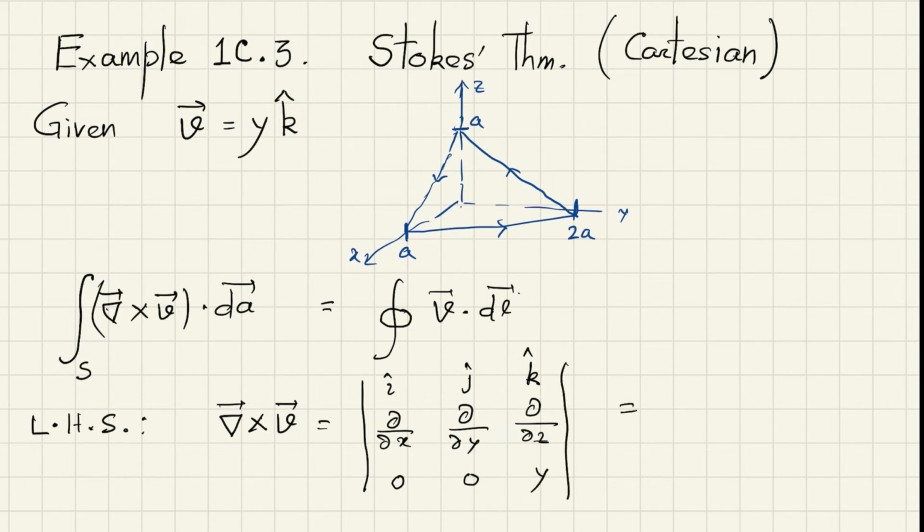This is very, very simple because all the components are 0 except the i-th component which survives as 1. So this is really only the unit vector i. So for this given function, del cross v is i.